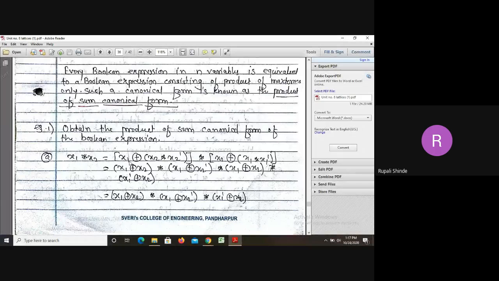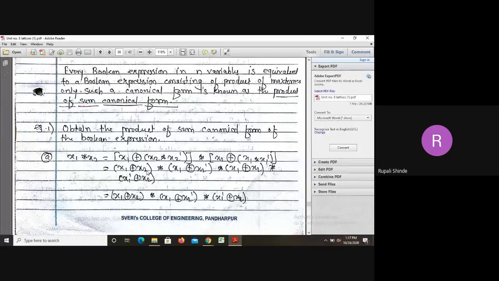For this x1, x2 is missing, so we have to add it by ourselves, and for this x2, x1 is missing. So first of all, we have to recognize the missing variables. So we write here x1 OR x2 star x2 complement. This is the new term we have added in order to complete this whole bracket.